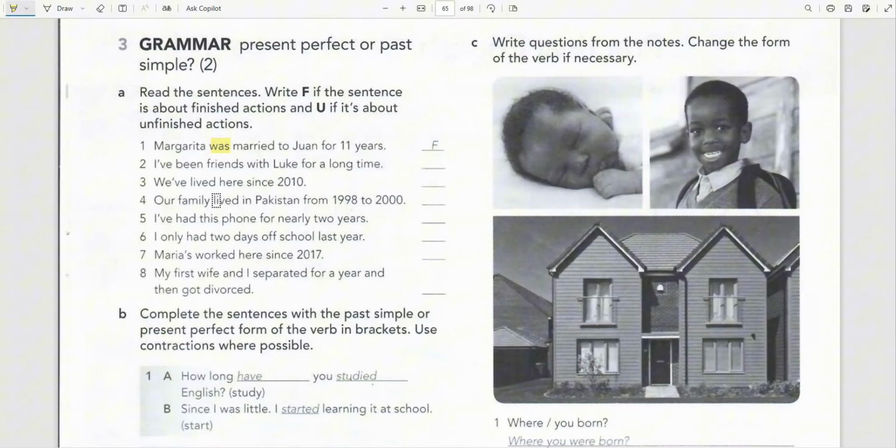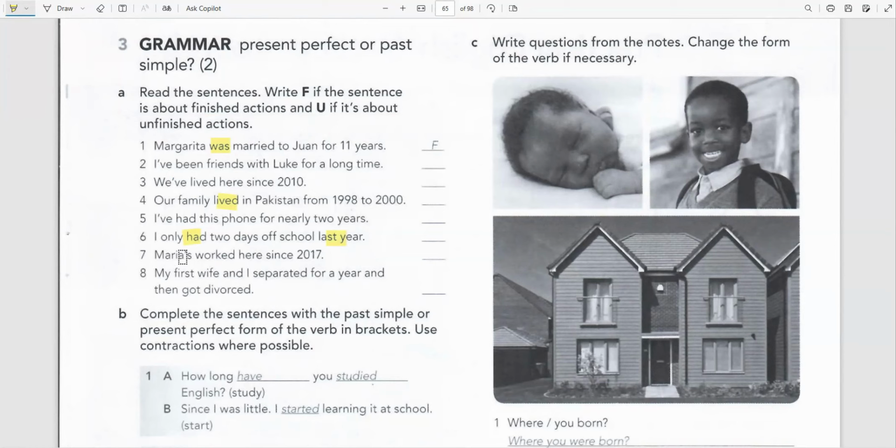Number 4 is past simple, lived. You see, our family lived. Number 5, I've had, this is a present perfect. And number 6, I only had, I had, because last year, you see. With present perfect, we should not mention the time, guys, yeah? We can talk about a period, but not the time.